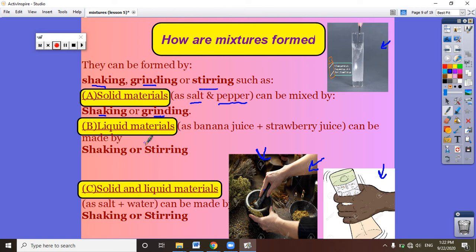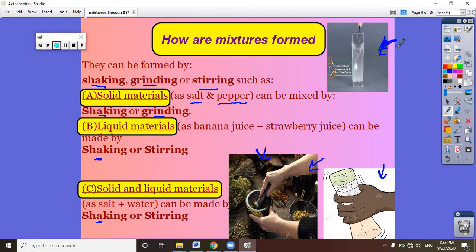To make a liquid mixture, like I want to make a mixture of banana juice and strawberry juice, it can be made by what? Yes, shaking and stirring, like here. And to make solid-liquid mixtures, like salt and water, or sugar and water, I will use shaking and also stirring.